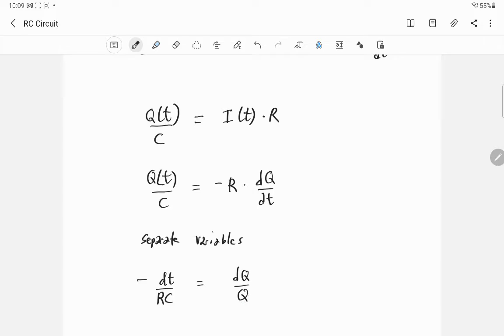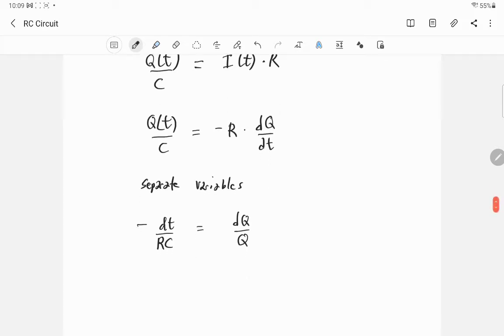So q right here is a function of time, but I can imagine it just taking the value of the charge, divided underneath small increments of diminishing charge. And the charge is diminishing while the time advances into the future. That's why there's this relative minus sign. And I've got this thing called r times c, which you'll see its importance in just a second.